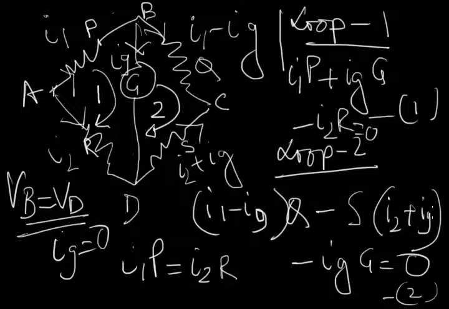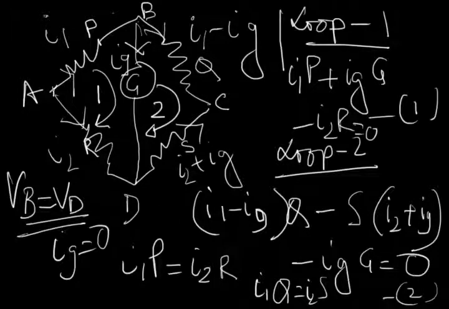And from this equation, as Ig becomes 0, we can write I1Q is equal to I2S. Then if I divide these two, I get the balanced condition. So I'll try to write them and give you the final form correctly.